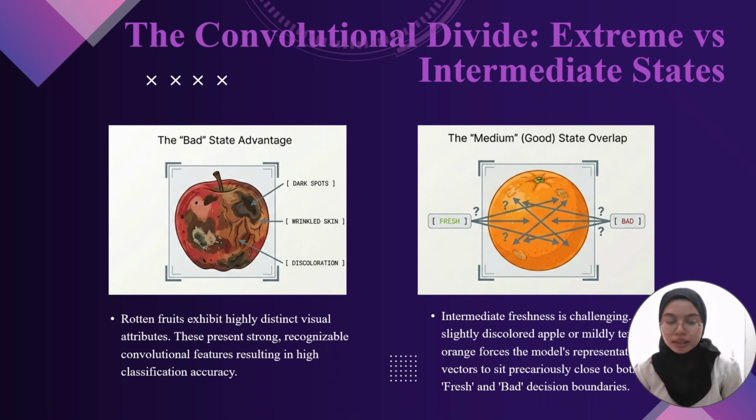Okay, in contrast, classifying the intermediate or the medium freshness state is a major technical challenge. A slightly discolored apple or a mildly textured orange forces the model's mathematical representation vector to sit close to both the fresh and bad state boundaries because the middle state shares features with both good and bad fruit.